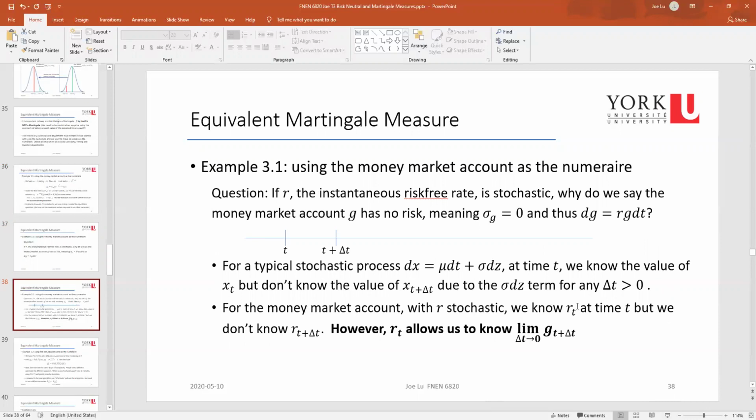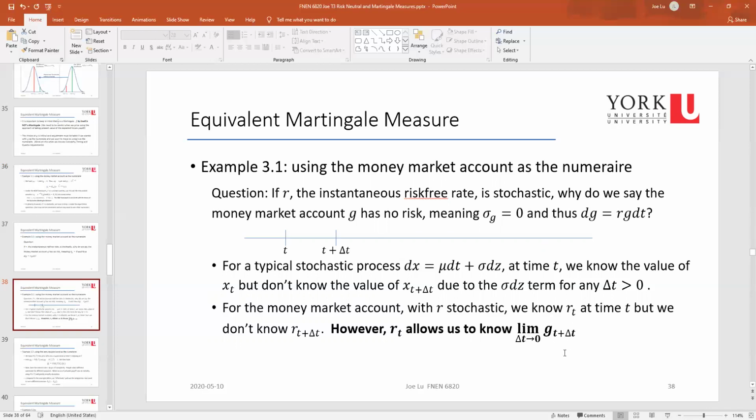Because Rt is the rate of return, we know G at t plus delta t in the limit as delta t approaches 0. Because you know Rt, the instantaneous rate, the instantaneous value of G a little bit after Gt is actually known.